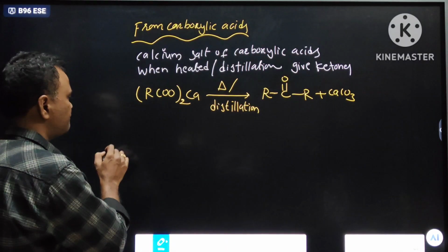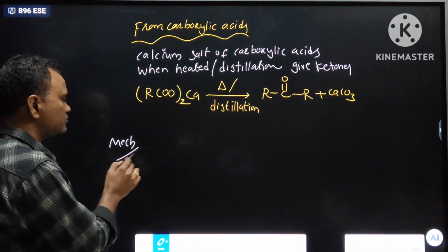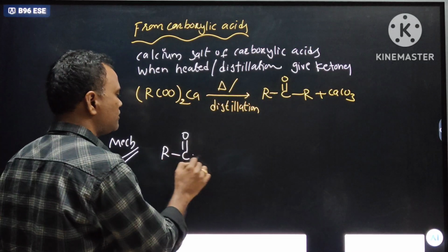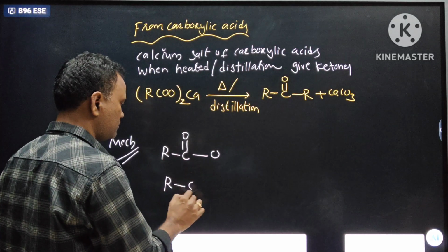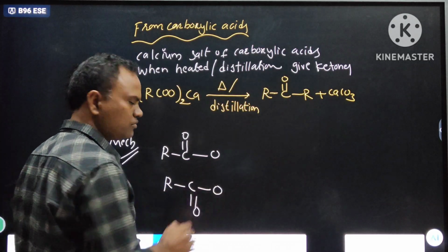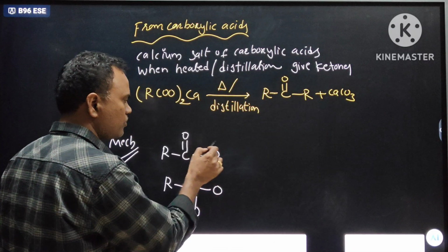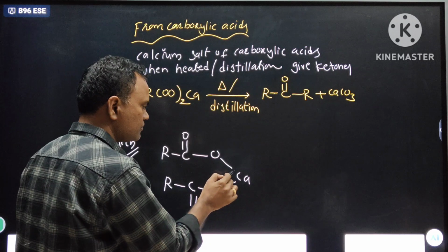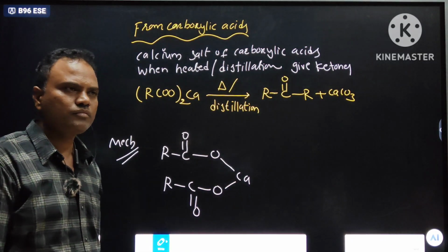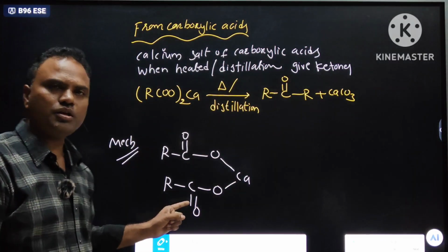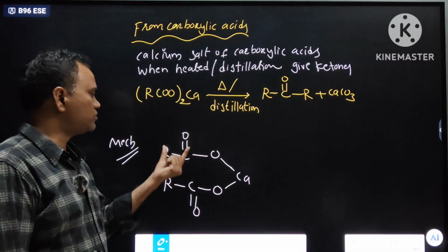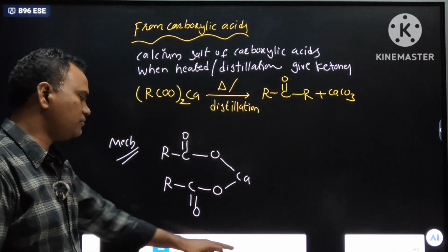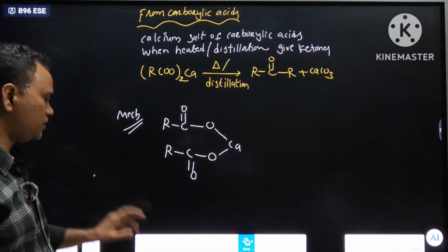See the mechanism. R–C=O, O negative, and in between Ca. This can be written like this: RCO taken 2 times and 1 Ca. Very simple shortcut mechanism. Very simple, very easy.